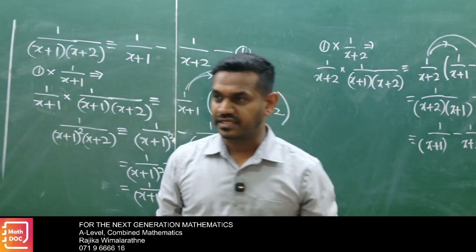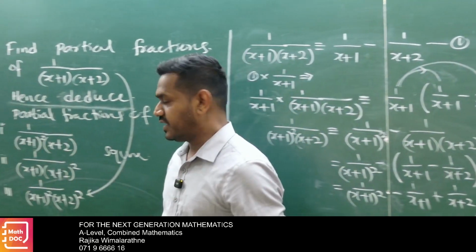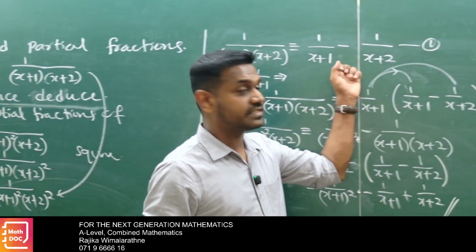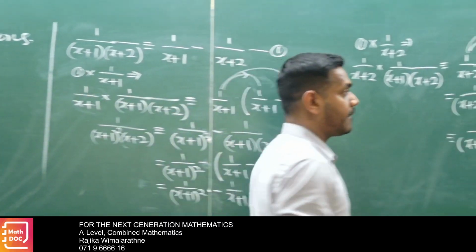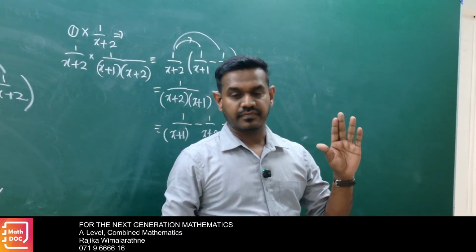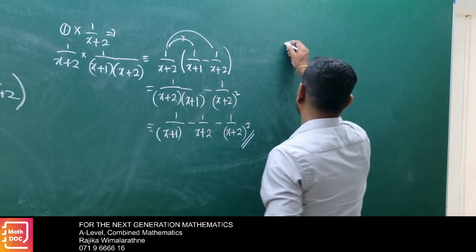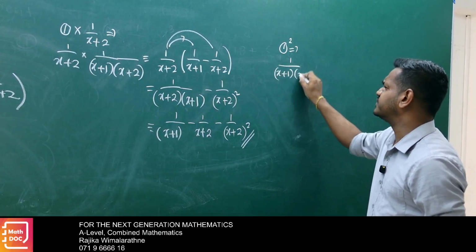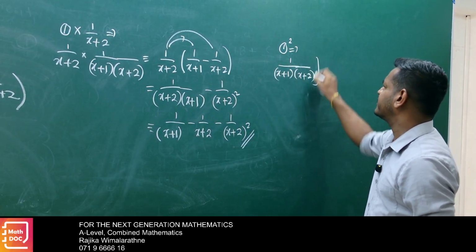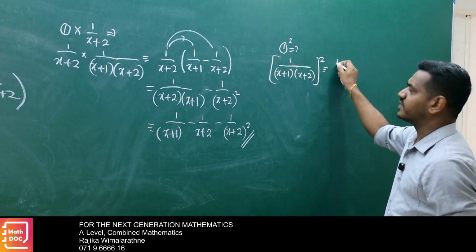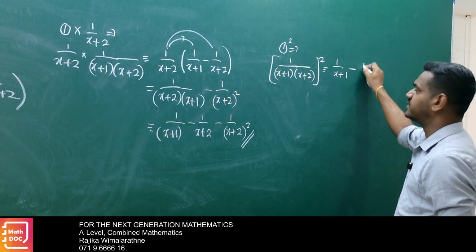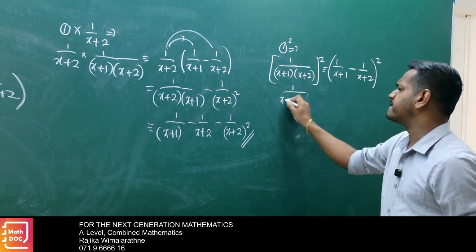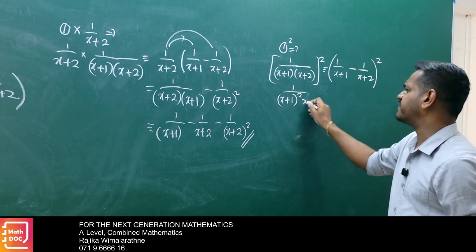So this is a special one, okay, not directly a general one. Then for this one, you square first relation, square that. Okay, let's see. 1 over (x plus 1)(x plus 2), squared, equals (1 over x plus 1 minus 1 over x plus 2) squared, which is 1 over x plus 1 squared, x plus 2 squared.